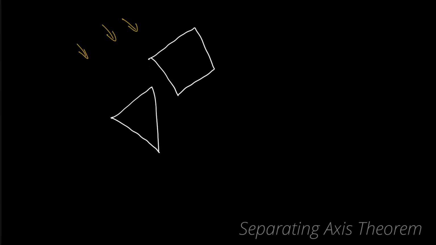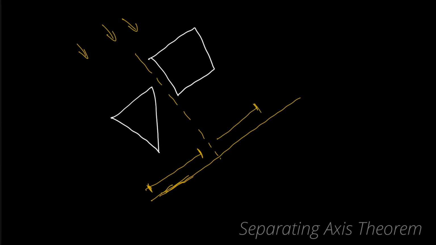Only then we can find a way to project the shadow here, right? Only in this case that we know that there will be no overlap. So the projection for the first one is here, and the projection for the second polygon is here, right? And there is a separation in between, so there is no collision on this axis. There's no collision for these two polygons, right?